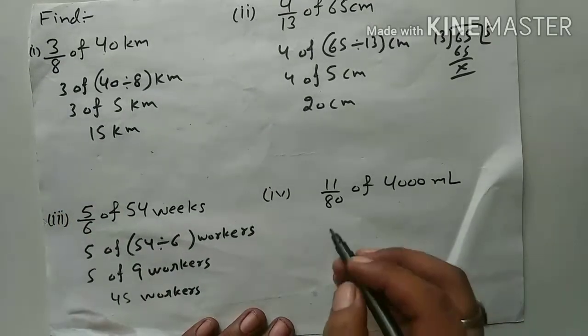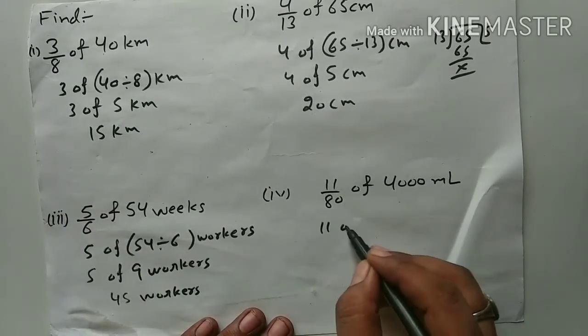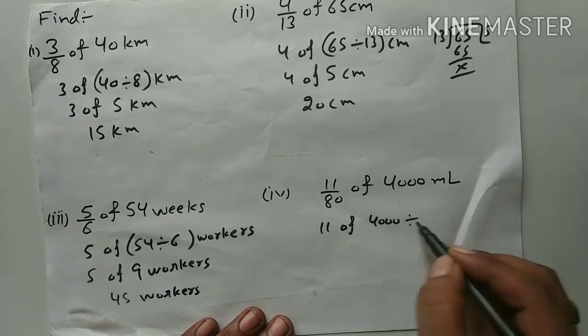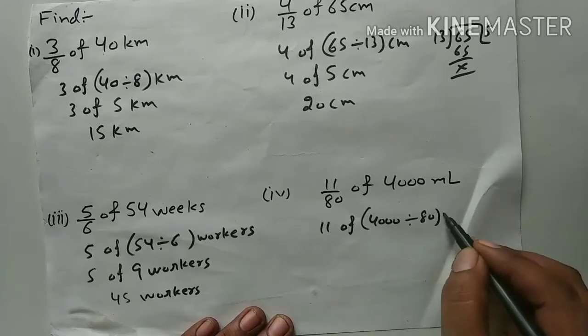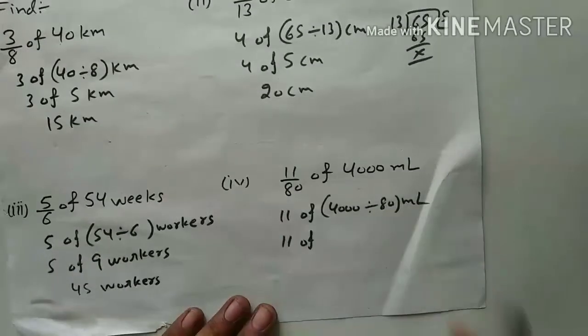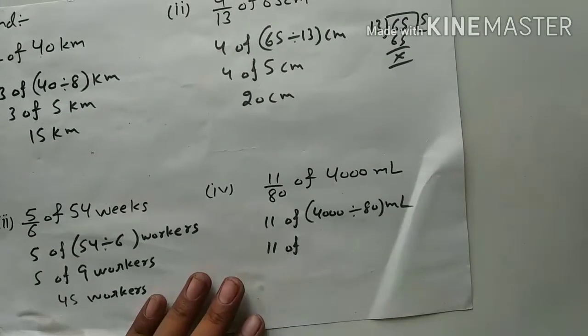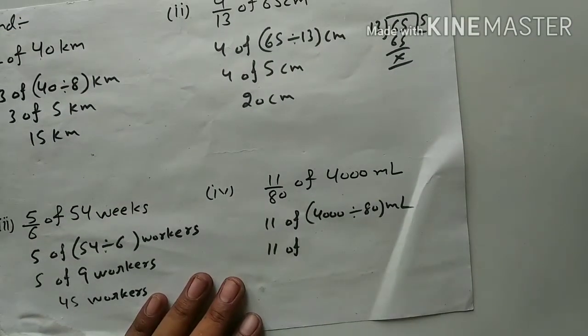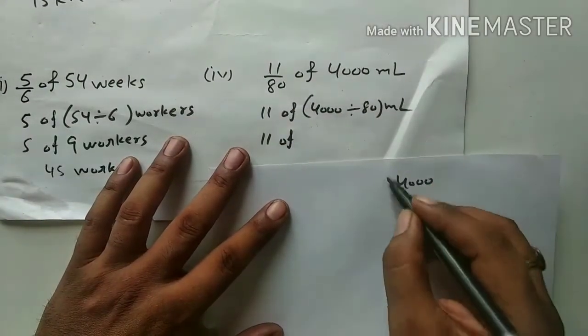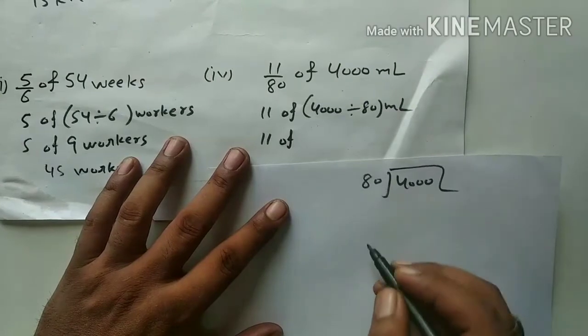Now 11 of 4000 divided by 80 milliliter. Now 11 of 4,000 divided by 80.